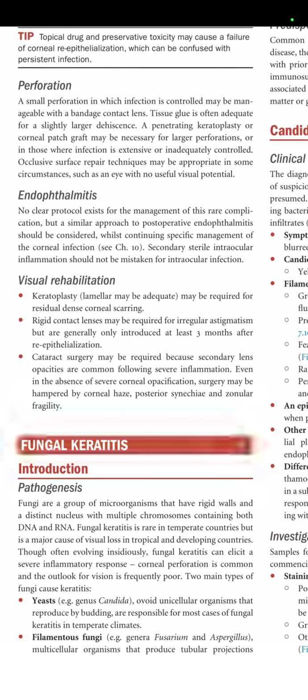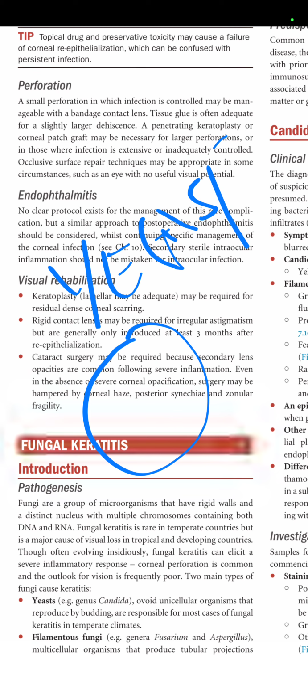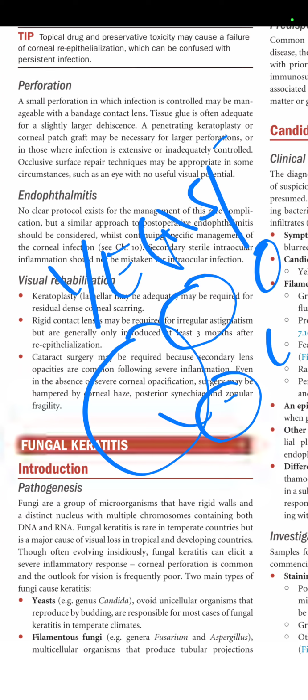So budding is basically this: a yeast produces a bud, and then it separates out into two, and it also causes fungal keratitis in temperate climates.